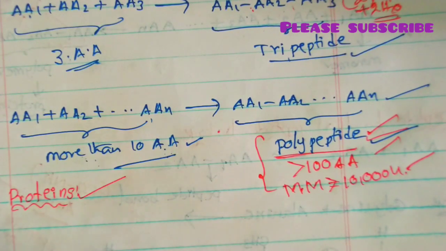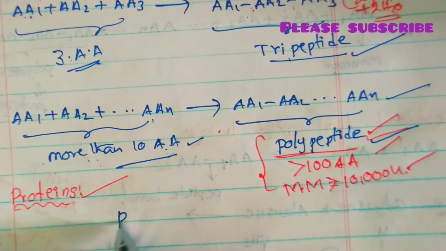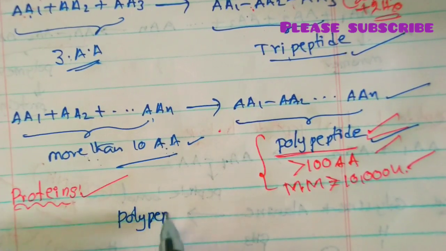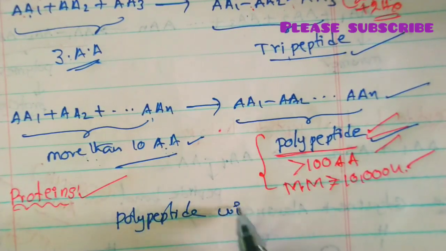So I will write the definition. You should remember. Proteins means a polypeptide. That means more than 10 amino acids joined together is a polypeptide. Polypeptide with how many amino acids?